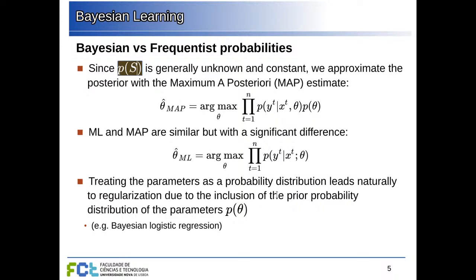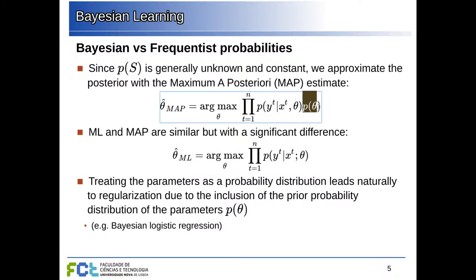But the big difference here is that while with maximum likelihood we are just computing the probability of the data given some parameters and then fitting the parameters in order to increase that probability, so the probability of what we want to predict given the features and fixing the parameters.